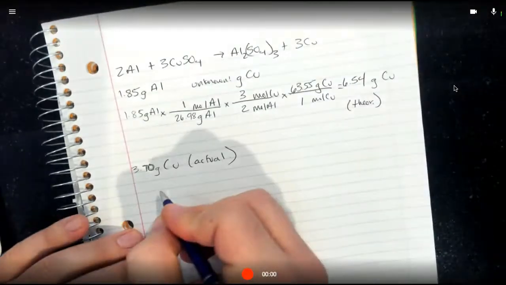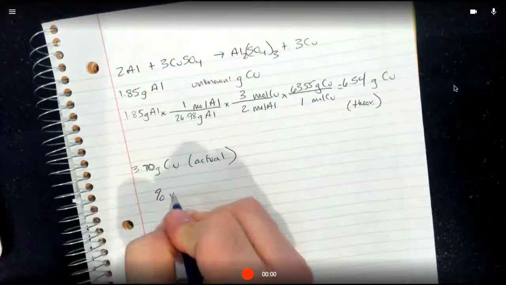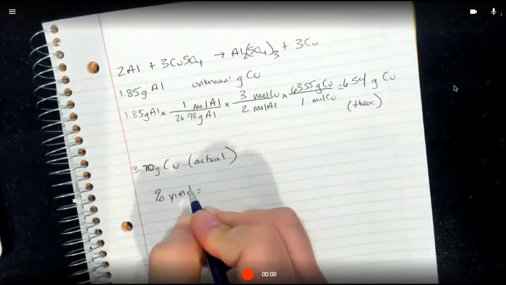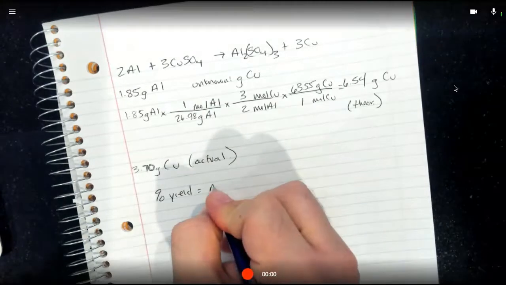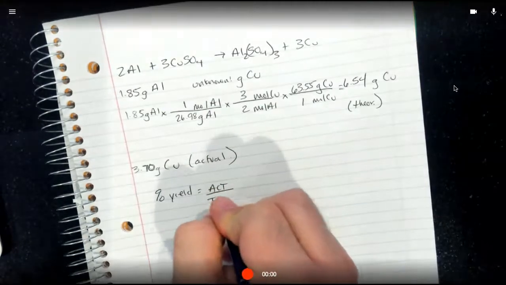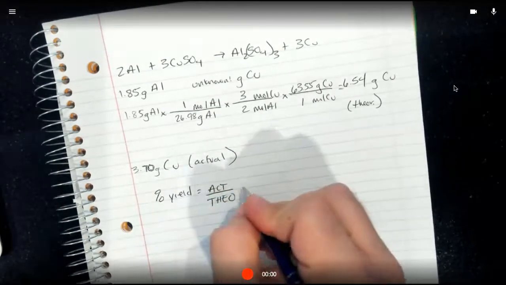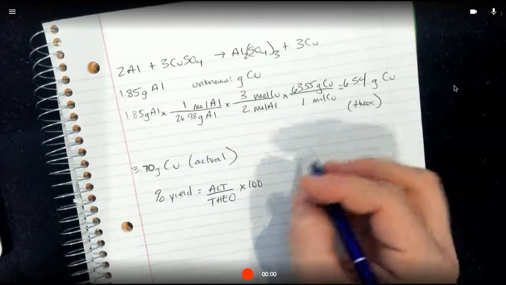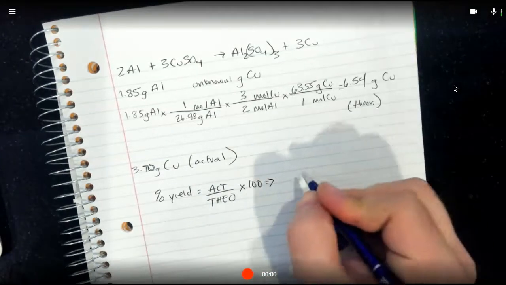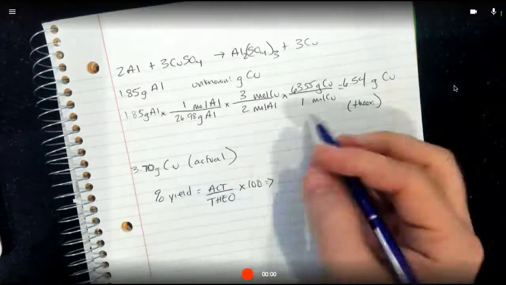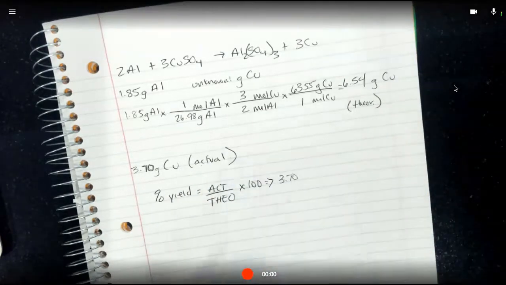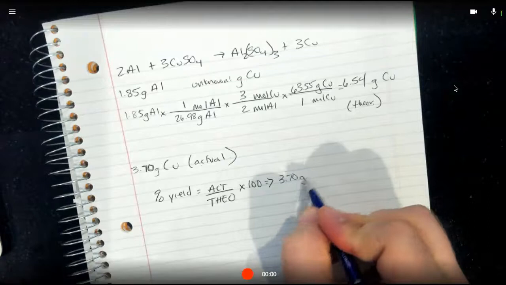So the equation for percent yield is going to be the actual divided by the theoretical times 100. So for this problem, the actual given to us in the problem is 3.70 grams of copper.